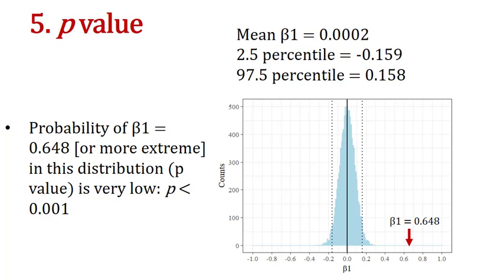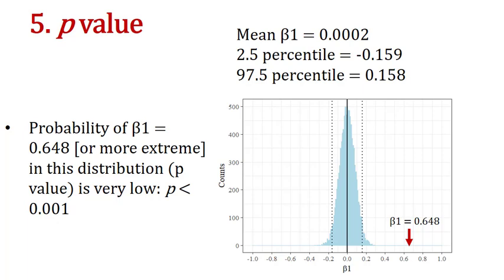In the actual sample, we obtain a sample of 300 participants, and we have study hour values, academic achievement values, and we run a linear model. We obtain the beta 1 statistic, and the value we obtain is 0.648.